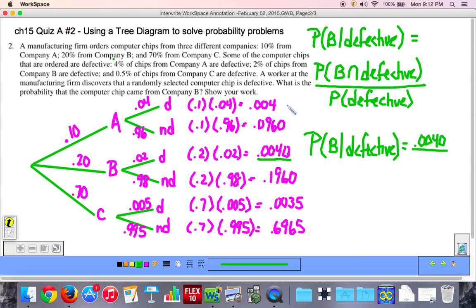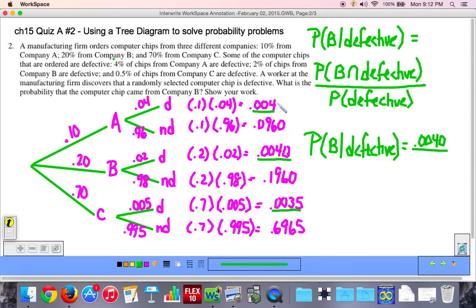Well, the chip could have been defective and been from company A, or the chip could have been defective and come from company B, or the chip could have been defective and have come from company C. And we know whenever we use that or word, we add. So the probability that the chip could be defective is the sum of these individual probabilities.